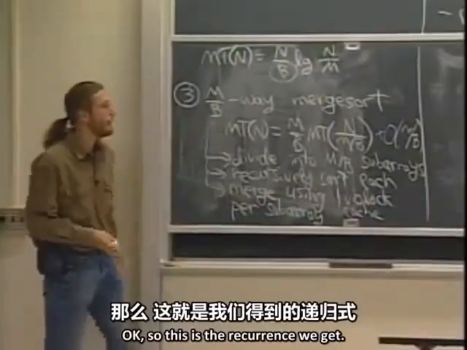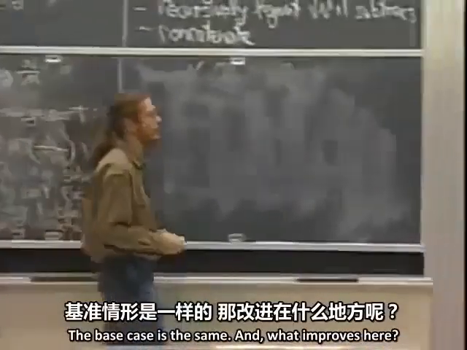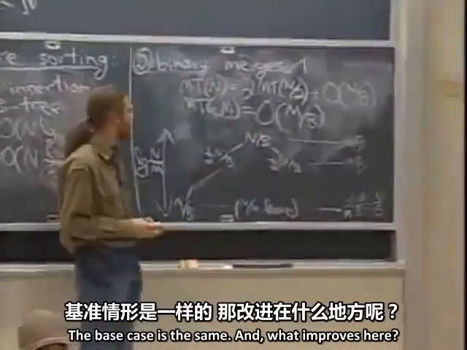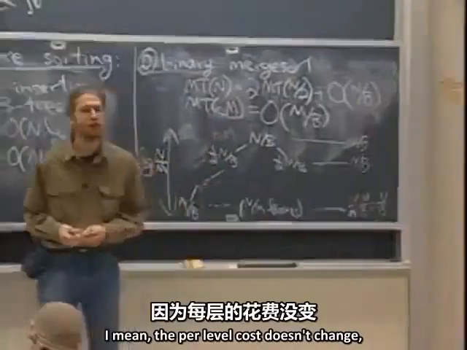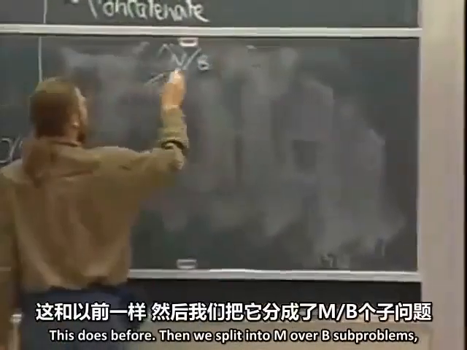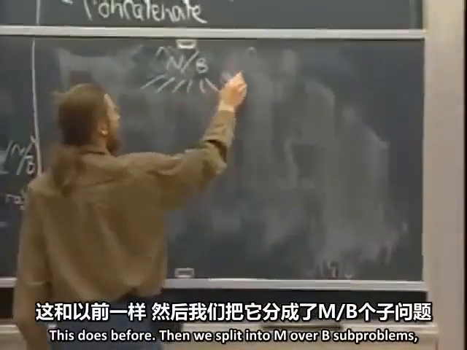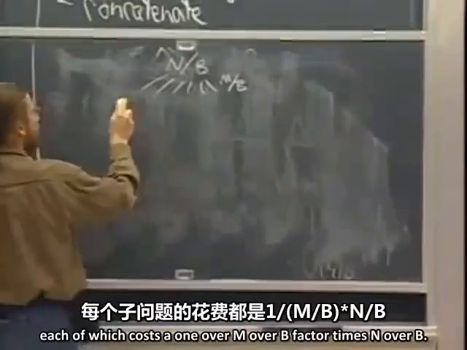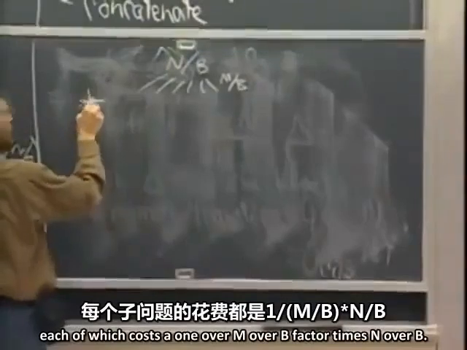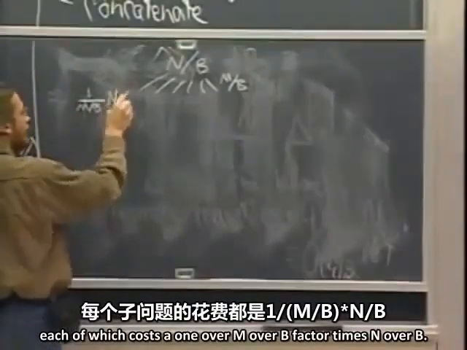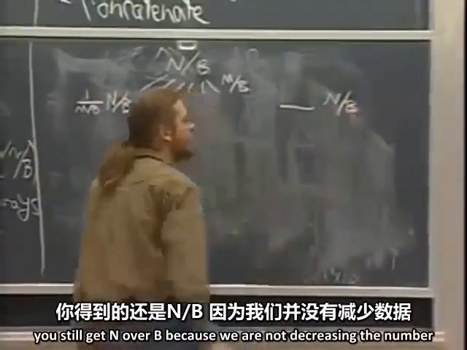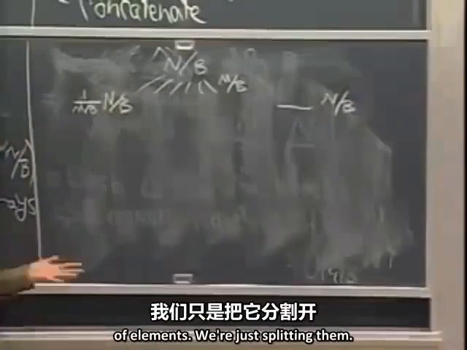Okay, so this is the recurrence we get. The base case is the same. And what improves here? The per level cost doesn't change, I claim, because at the top we get N over B, just as before. Then we split into M over B subproblems, each of which costs a 1 over M over B factor times N over B. So you add all those up, you still get N over B, because we're not decreasing the number of elements, we're just splitting them.